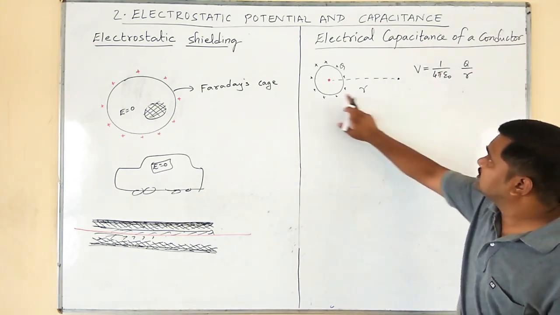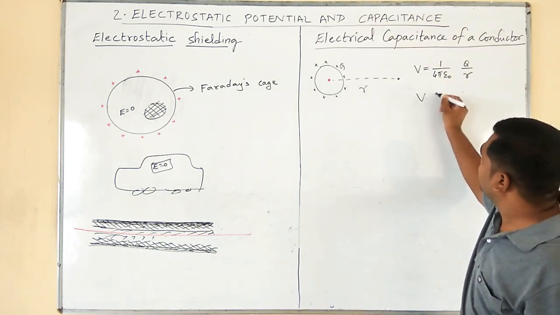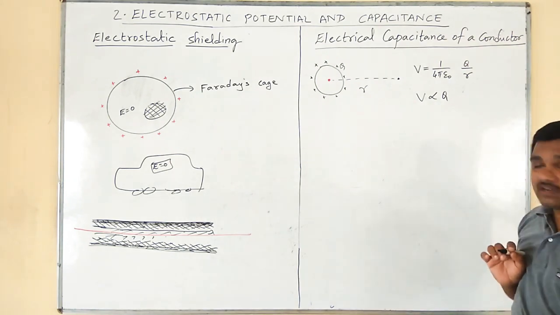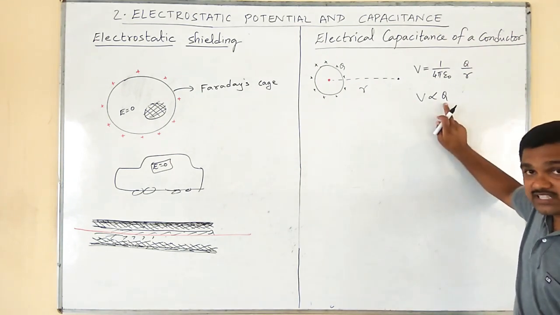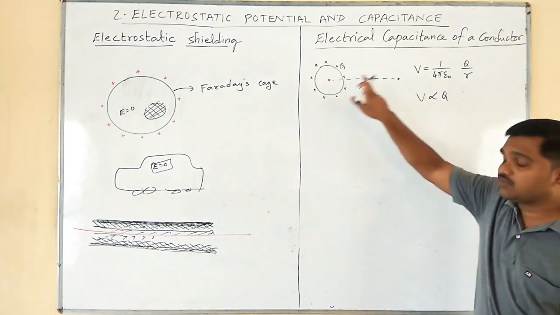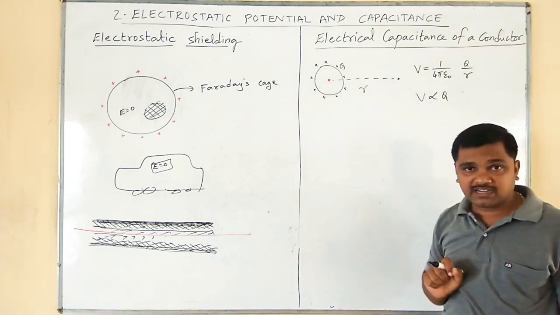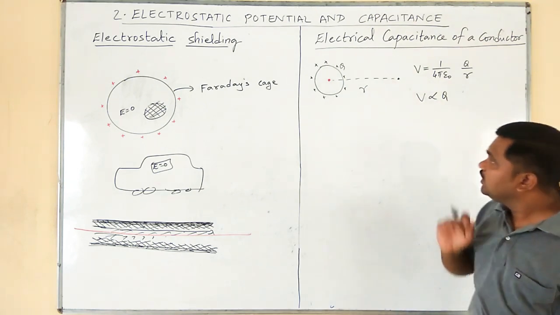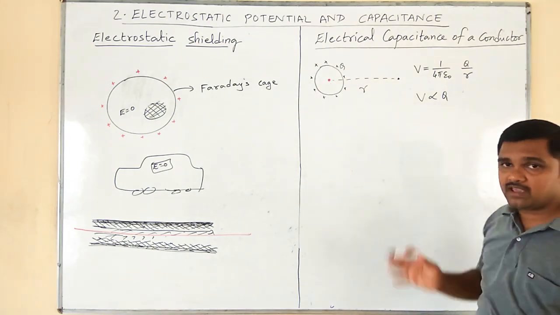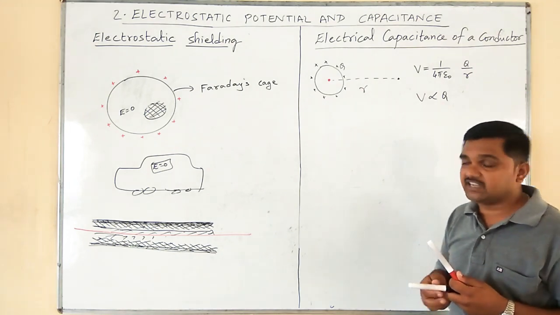From this what we can say, when I keep that small r constant, V is directly proportional to Q. What does it mean? If more is the magnitude of the charge on this conductor, then more will be the electric potential we can expect. Suppose we keep on increasing the charge on this conductor, there will be a rise in electric potential, isn't it?